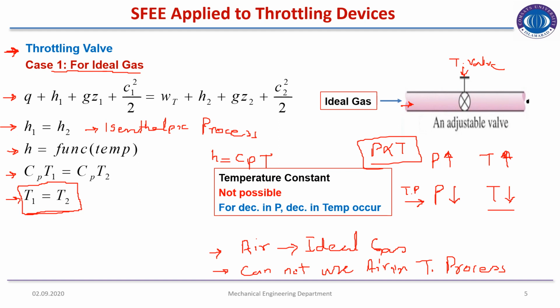So if air is used in the throttling process, then we cannot achieve the reduction in the pressure and reduction in the temperature. When air is used, then the temperature will remain the same.